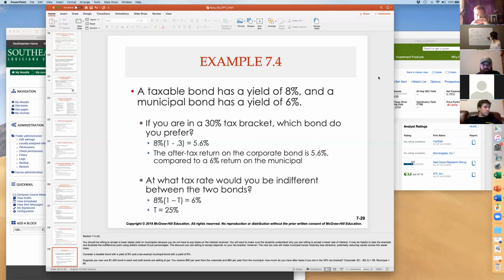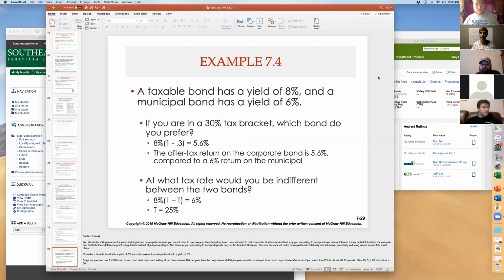So we're going to compare this after-tax return on the taxable, 5.6%, to the muni's 6%. I'm going to pick the muni. Does that make sense to everybody? And that's given a 30% tax rate. Now, as that tax rate goes up, say to 50%, it just gets even more pronounced.